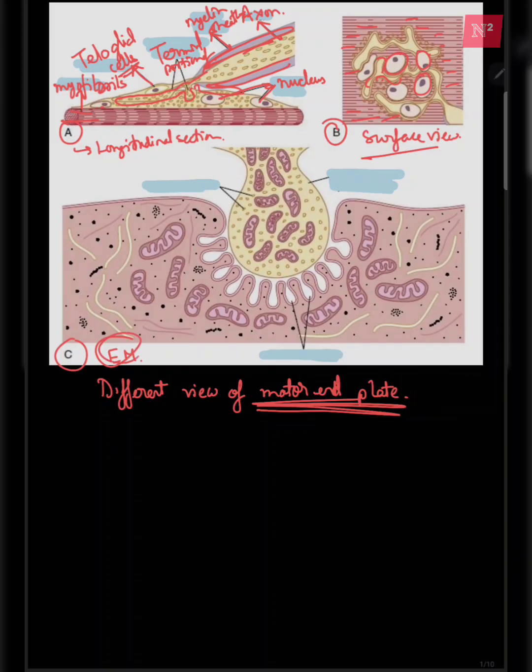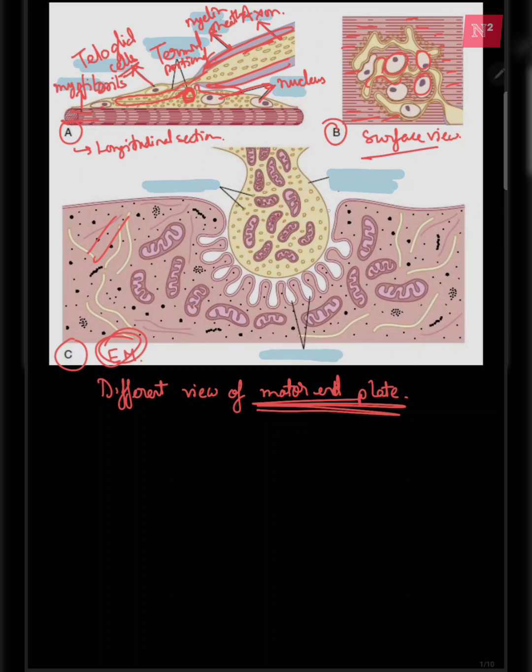Now in the electron microscopic view, you can see a typical muscle and an axon terminal. If you look closely, supposedly if you are enlarging this portion, the terminal globular portion is called the terminal portion of the nerve, which forms a knob like structure called the synaptic knob.